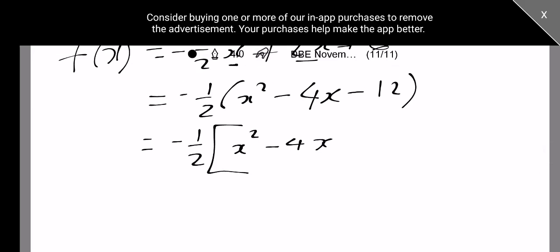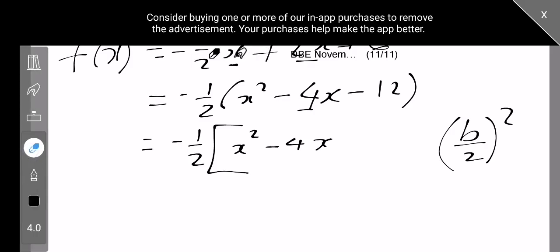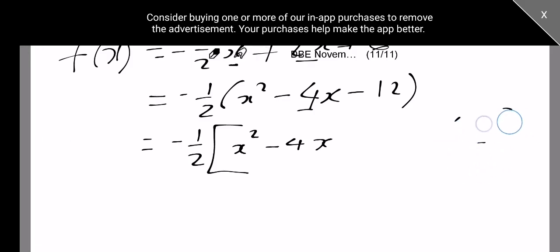Okay guys, what you do here is, remember this is b. We have got to add this expression, b over 2 squared. Now what is b? B is negative 4. So I'm going to do this. Let me do it in a different color.